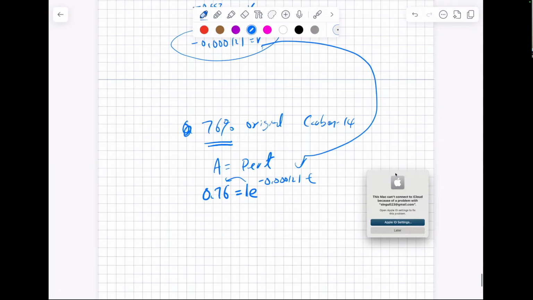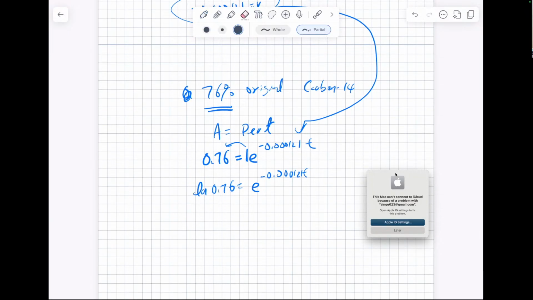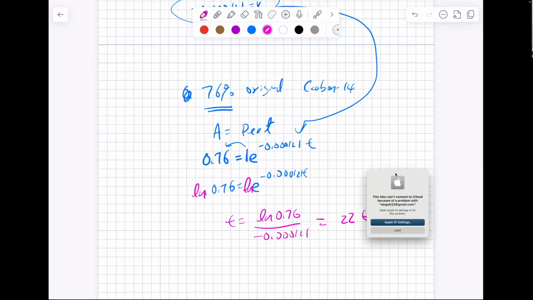Now you can take the natural log of both sides. And that will give you T equal to natural log of 0.76 divided by negative 0.000121, and that's roughly equal to 2268.